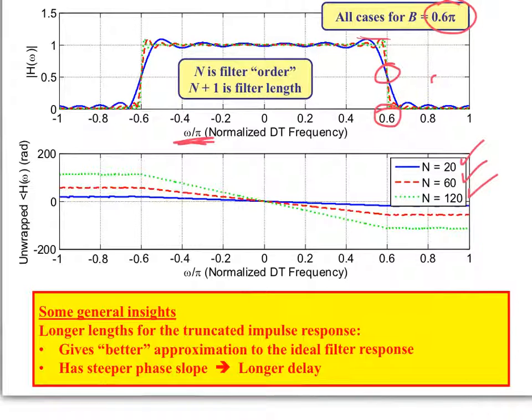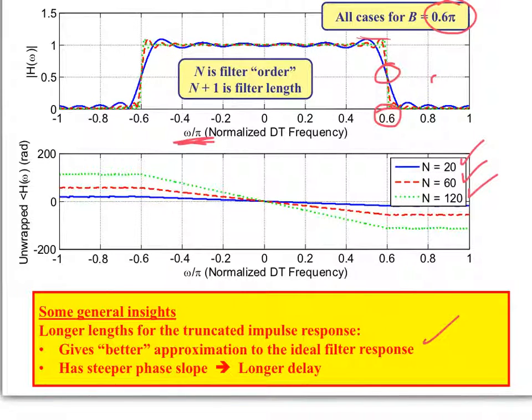So we get a sharper transition, but we certainly don't reduce the ripple in the pass band, nor in the stop band. So we don't really improve the ripple, the worst case ripple, in either pass band or stop band. So we get a better transition band, but that's it.